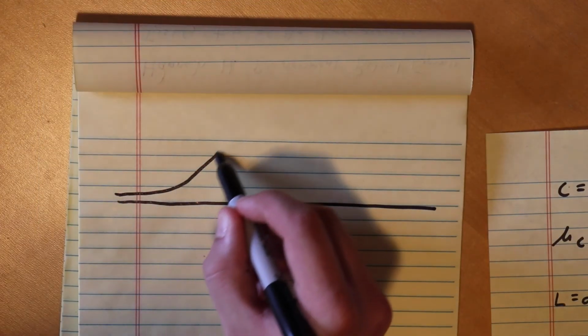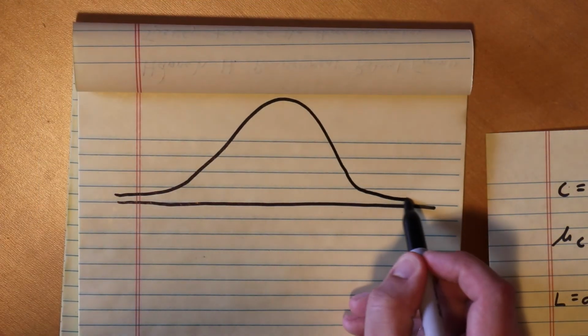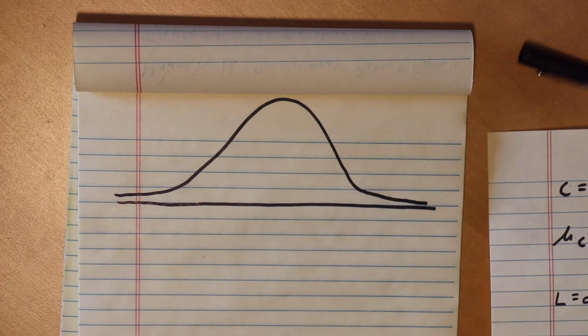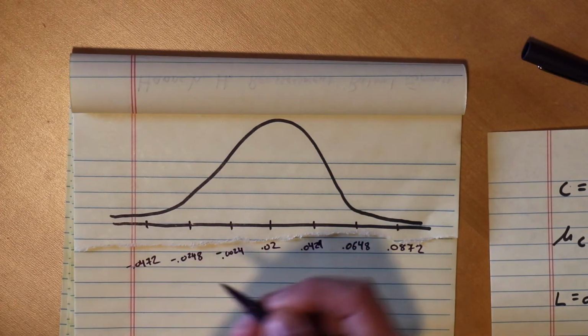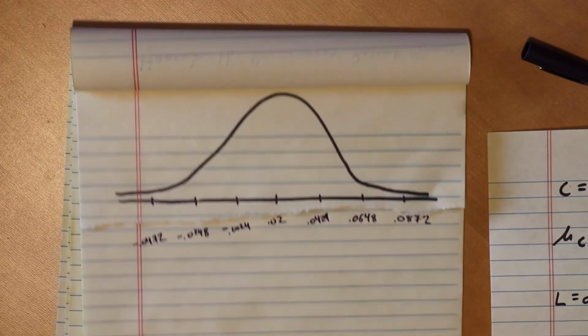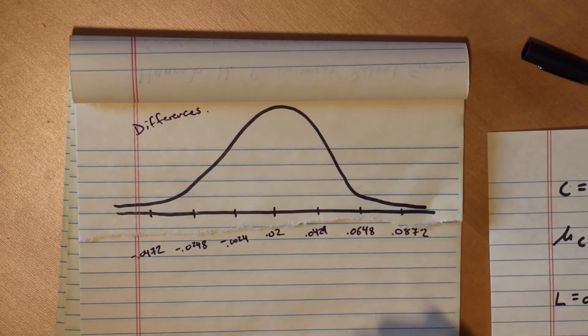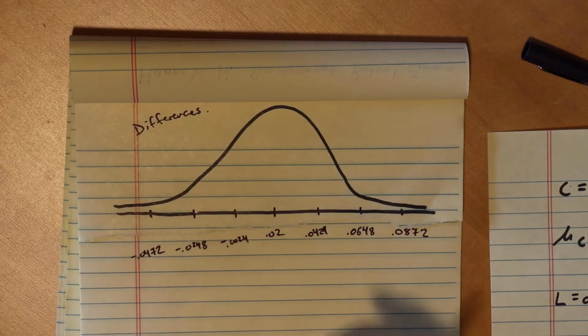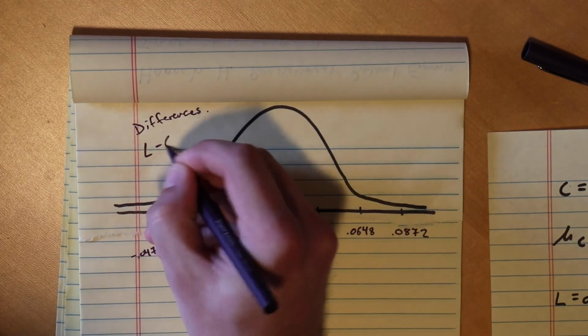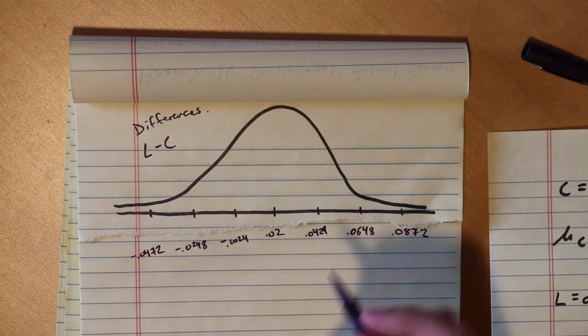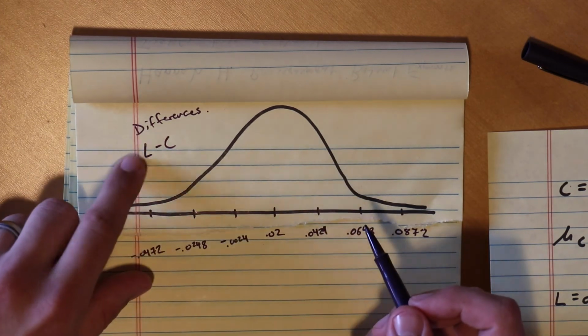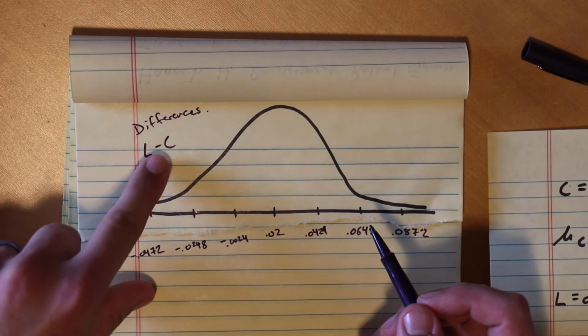Let's go ahead and just draw our normal curve. So this is the distribution of the differences, L minus C. Recall that we want the difference to be positive because that means that L is larger than C, the lid is larger than the cup.